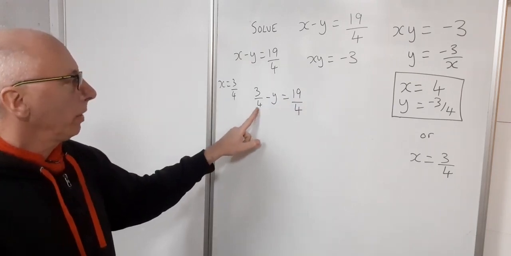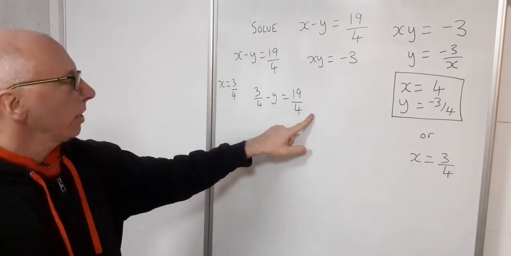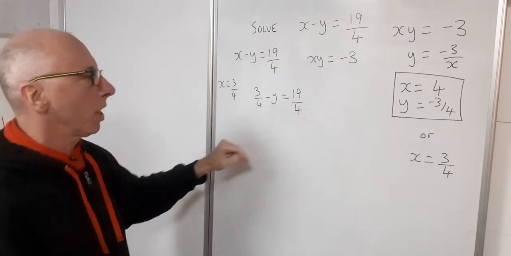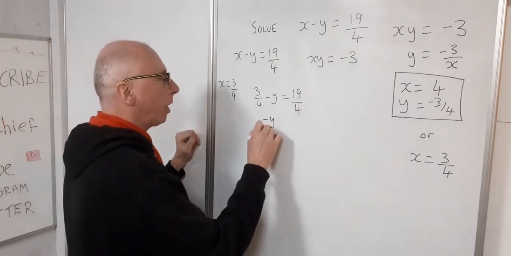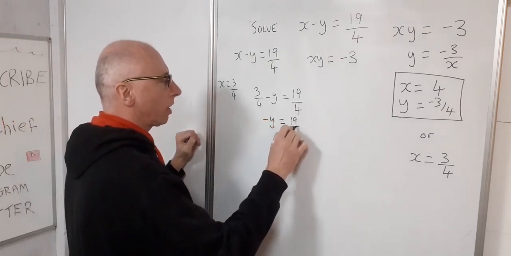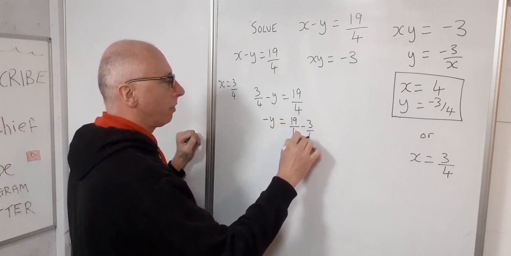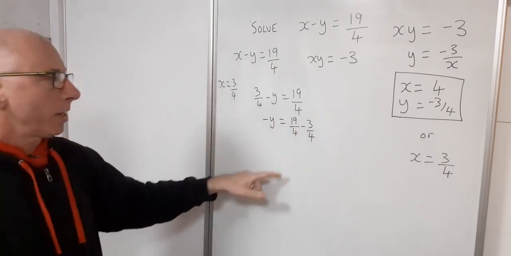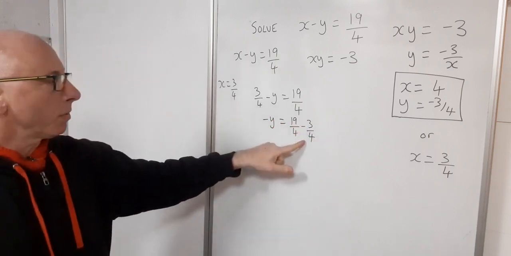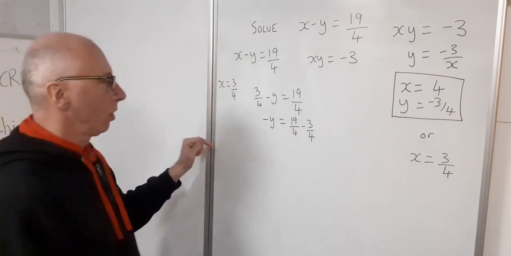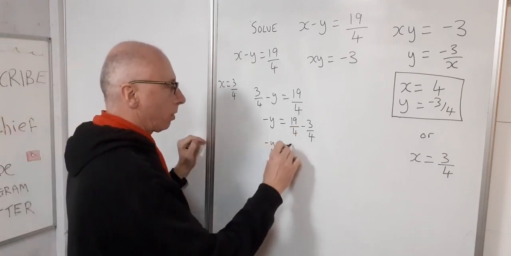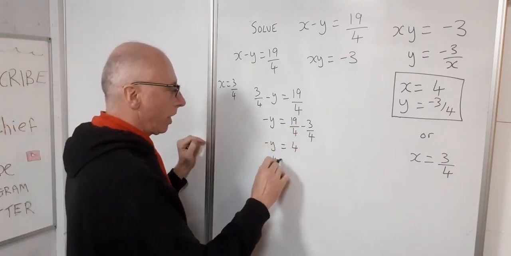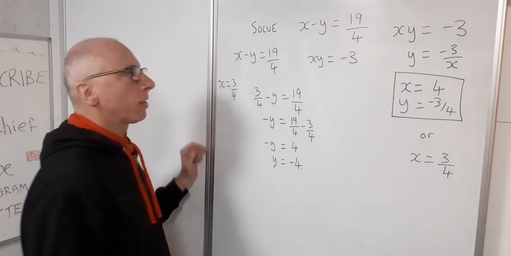Okay, now let's bring the 3/4 to this side, so subtract 3/4 from both sides. So now I've got minus y equals 19 over 4 minus 3 over 4. So quite handily that's just going to become 16 over 4, which is just 4. So minus y equals 4, so therefore y equals minus 4.